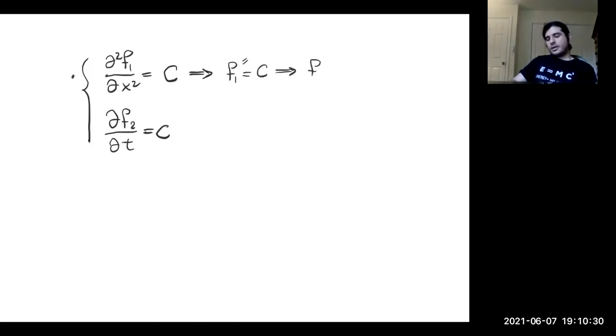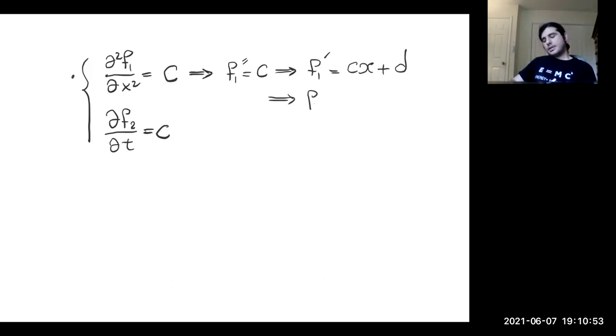So f1 prime, if we integrate both sides, is equal to a constant times, say, x, right? Plus another constant. Let's show that constant with d. And let's integrate again.